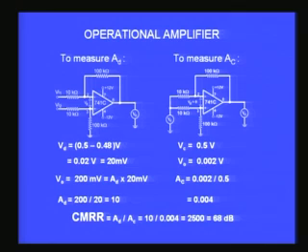rejection ratio. Now, I will take a typical numerical example here, which is similar to what I will be doing later in an actual demonstration. I have applied Vi1 as 0.5 volts and Vi2 is slightly different, that is 0.48 volts.